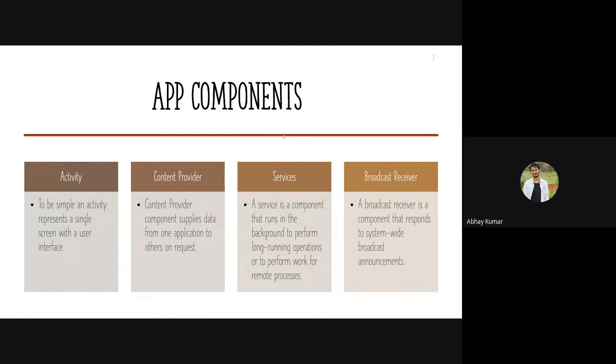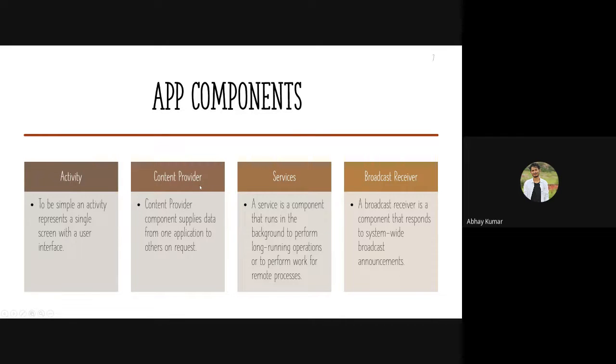An activity is nothing but the UI. Say you are using WhatsApp. On WhatsApp there is a chat box and a call button. Everything in the UI that you are interacting with is the activity.